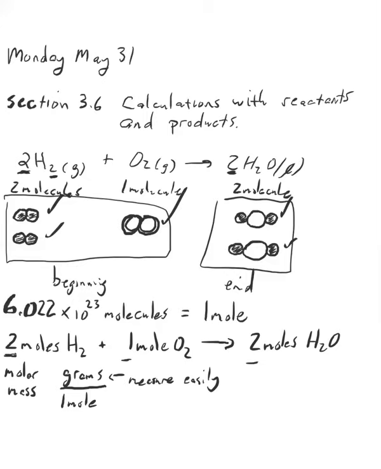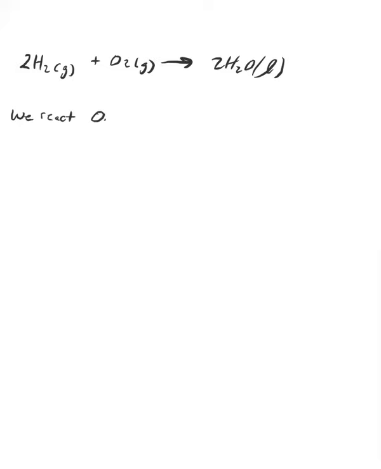So let me show you an example of how we go about this. What I'm going to do is I'm going to say we have, let me rewrite the equation. I'm going to say that we have the following. We react 0.45 moles of H2 with excess, I'm going to underline that word, O2.